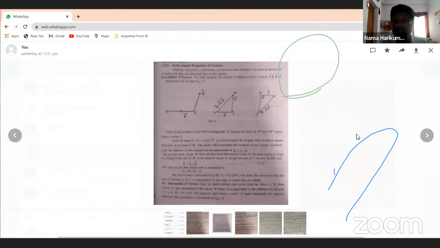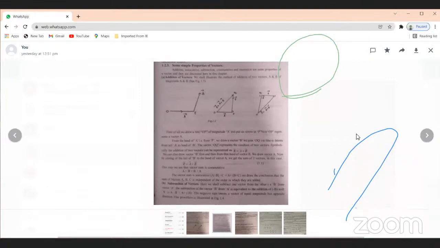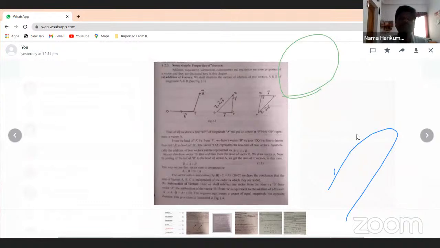Sir, please repeat it. Addition of two vectors A and B of magnitude AB, and the direction of A vector is OP.